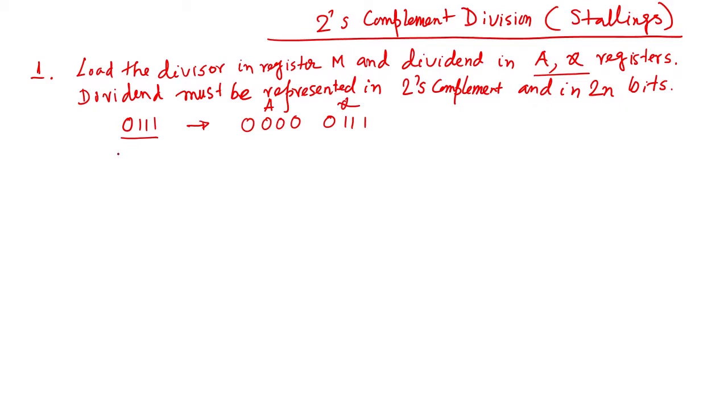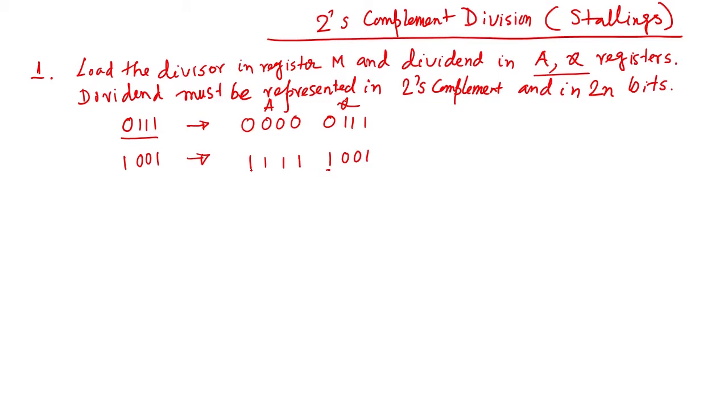Now, if it is a negative number, let us say minus 7, what will be the minus 7? So, how do you represent minus 7 in 2's complement? First you write 1 0 0 1, and because this is 1, this should be 1 1 1 1.